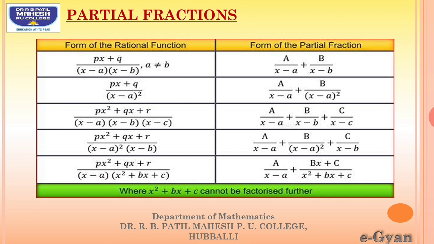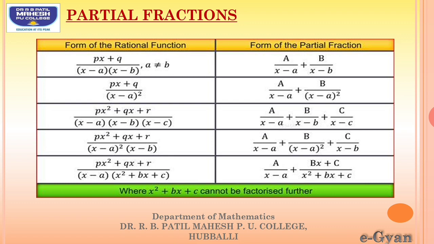Before partial fractions, first you have to check whether the rational function is proper or improper. What is the condition for proper? The degree of the numerator is less than the degree of the denominator. In the second form, the degree of the numerator is 1 and the degree of the denominator is 2, so this is a proper rational function.